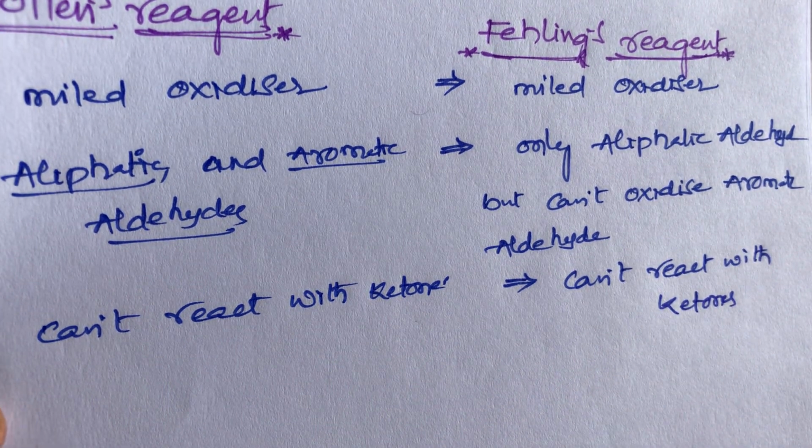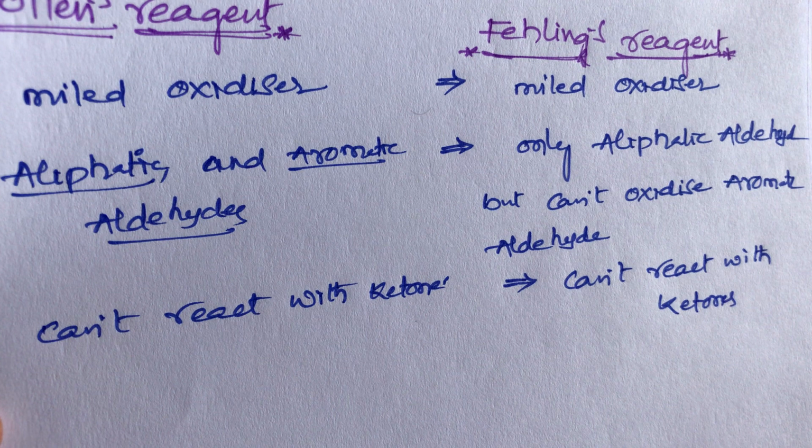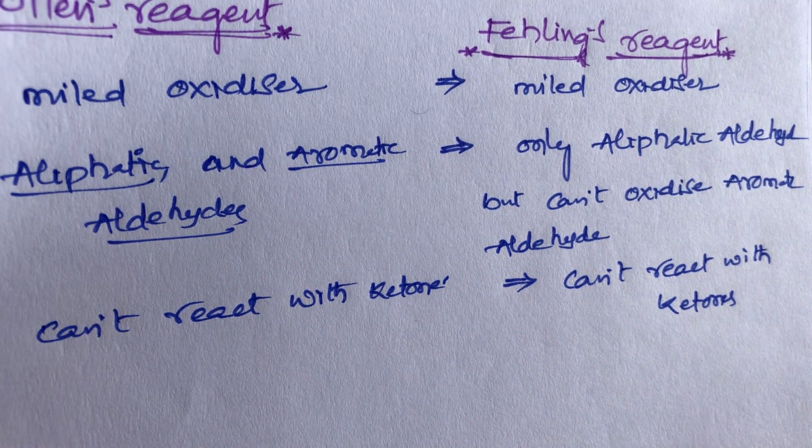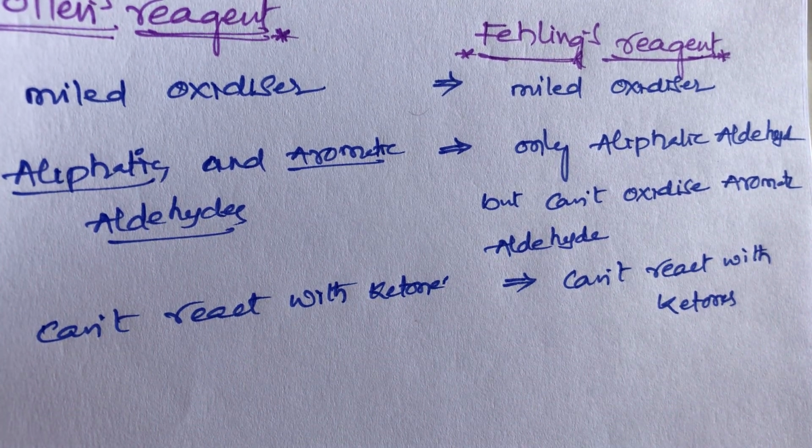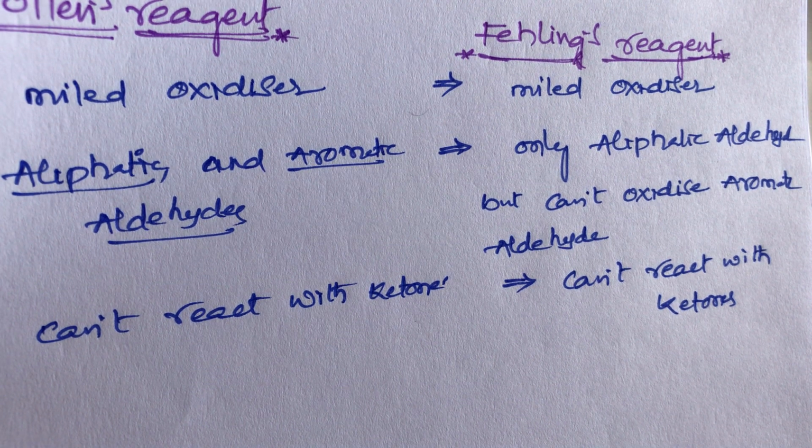And one more point: when ketones react with Tollens reagent, what is the result? There is no formation of a silver mirror. It is very important.